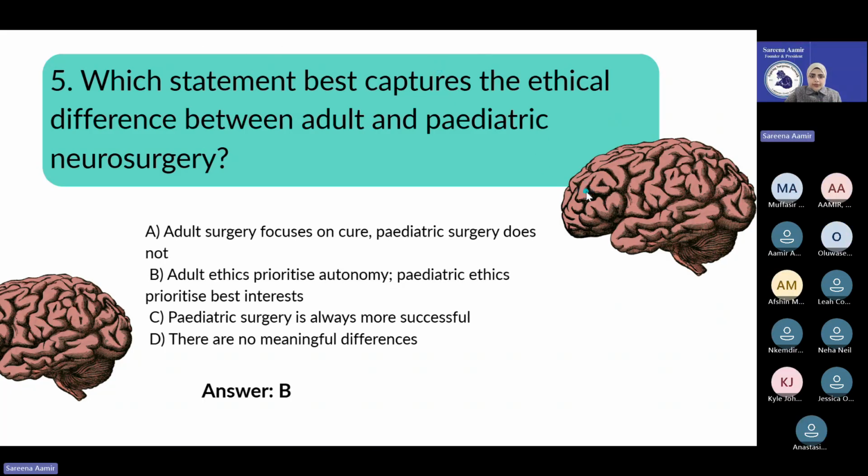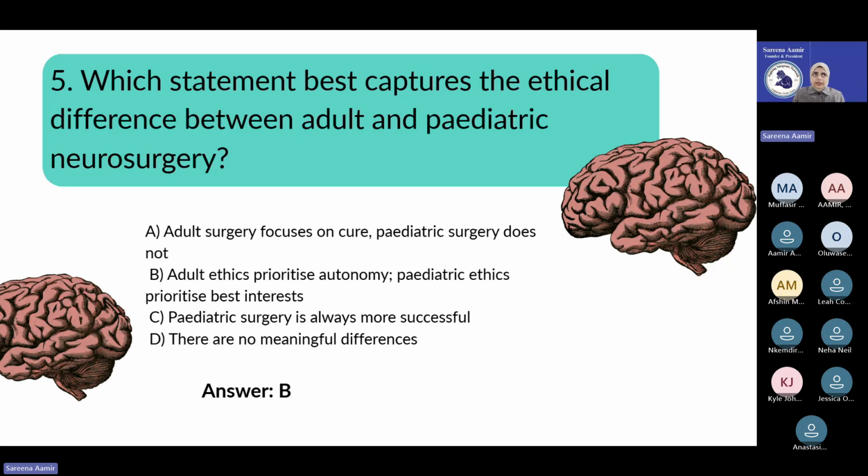Yes, you would be correct to say B, because most adults are presumed to have capacity, whereas pediatric patients below the age of 16 don't have the capacity needed for autonomy. We discussed a phrase called emerging autonomy, which means that as a pediatric patient grows older, they have more capacity because they understand the situation better, and so an increased ability to consent.